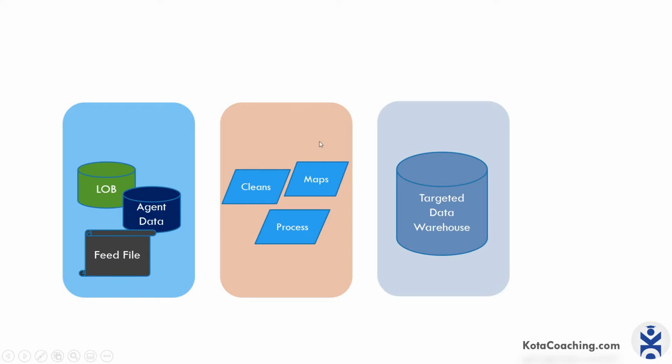And after doing all these things, we are uploading the data to the targeted data warehouse. Basically, there are three steps. In the first step, we are getting the data. In the second step, we are transforming the data. And in the third step, we are uploading the data into the targeted data warehouse.